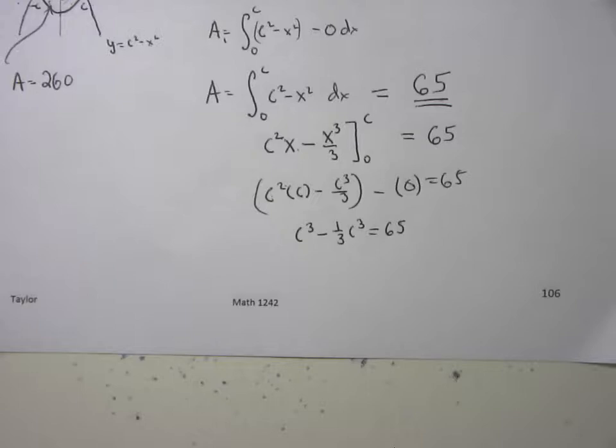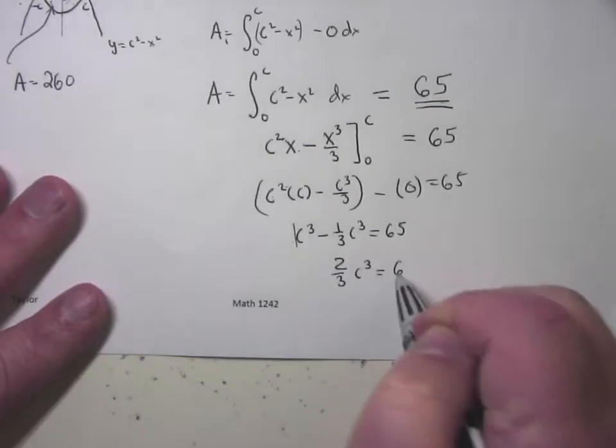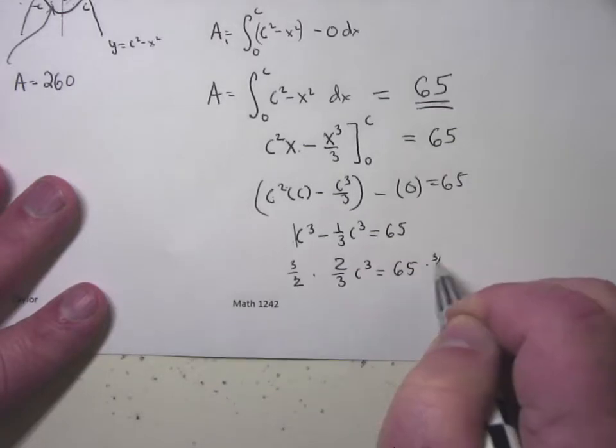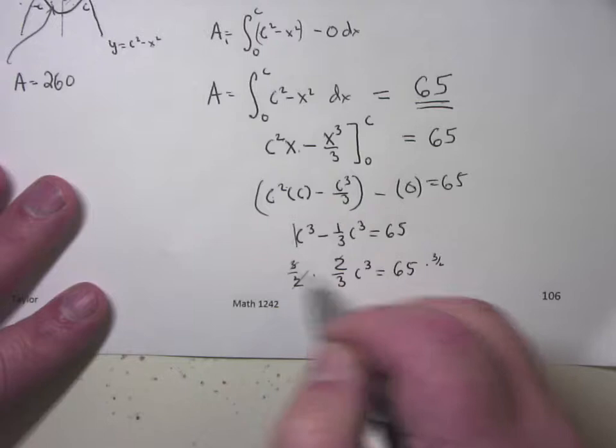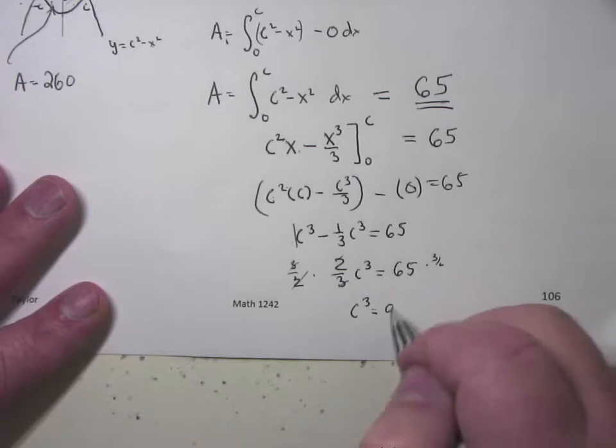What is 1 c cubed minus 1/3 of a c cubed? 2/3 of a c cubed. 2/3 c cubed equals 65. I'm going to multiply by 3/2 on both sides. So I just end up canceling here, and I get c cubed equals 65 times 3/2, which is equal to 97.5. I warned you about that.